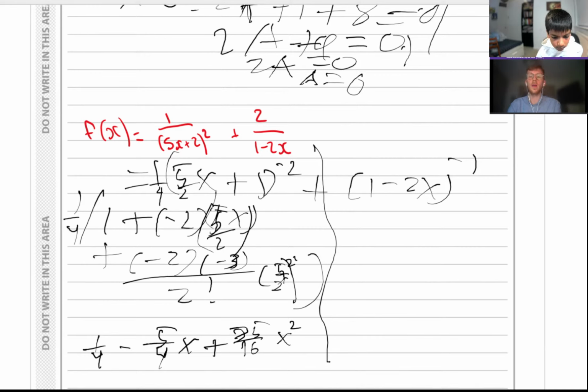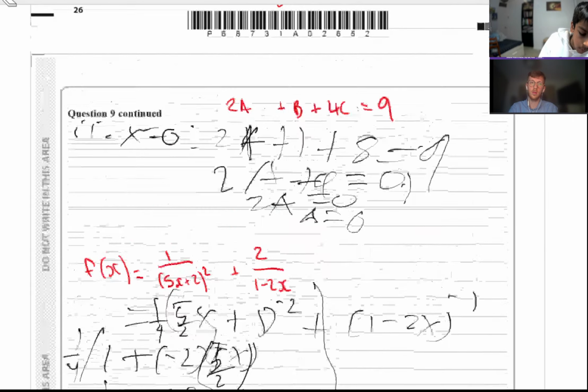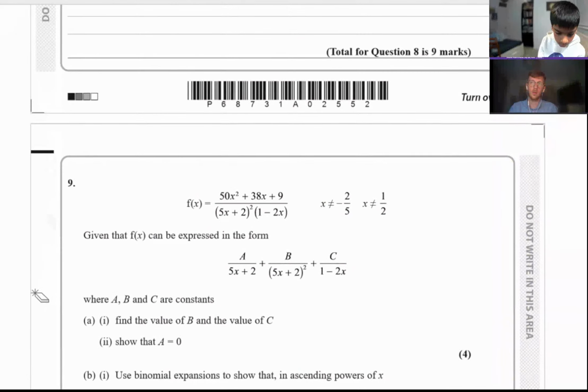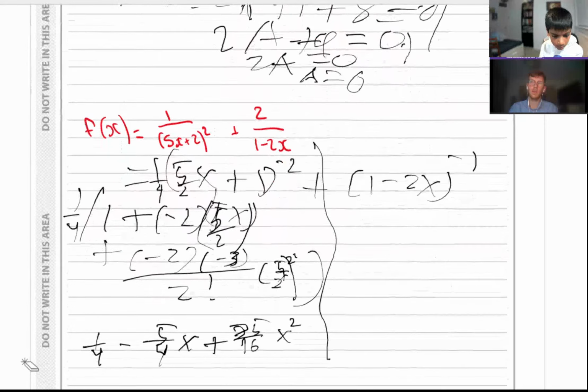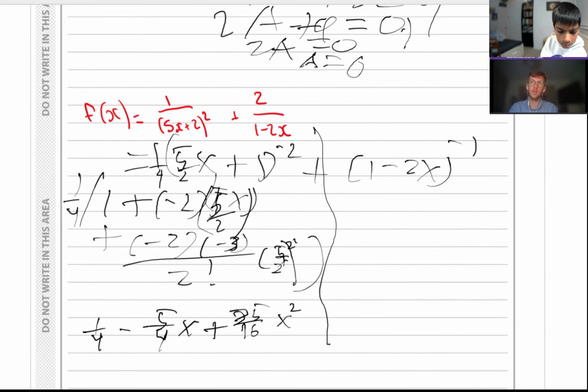It's not just 4 minus 2x to the minus 1. It's 2 times that. Yeah, good.